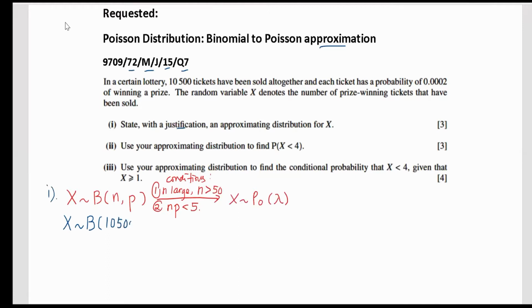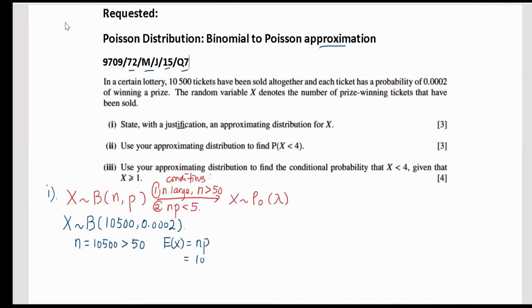So n is 10,500 and the constant probability is 0.0002. And we have n equal to 10,500, which is more than 50. So n is large.